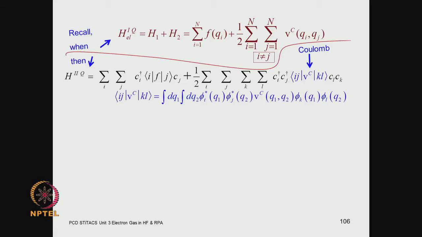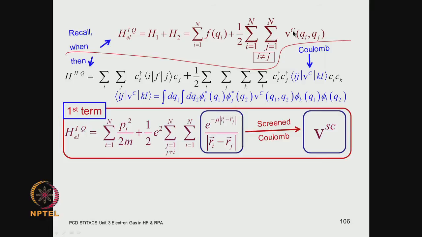So this is the Coulomb interaction term that we have used earlier in second quantized form. Now what we have chosen to do is not use the Coulomb interaction, but the screened Coulomb interaction, which is scaled by this e to the minus mu distance, right? So instead of this V superscript C, we have V superscript screened Coulomb, SC. Okay?